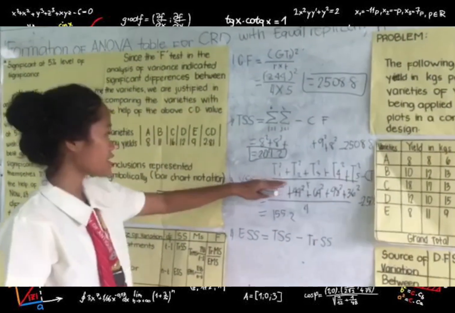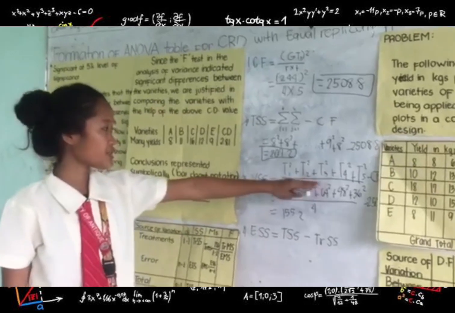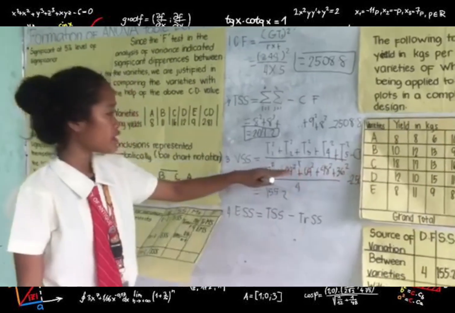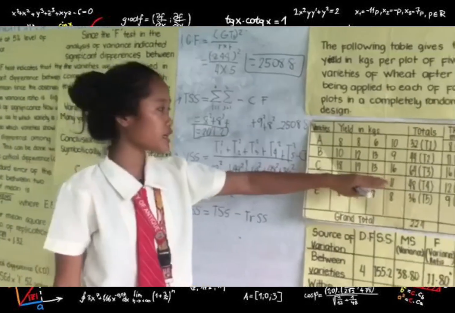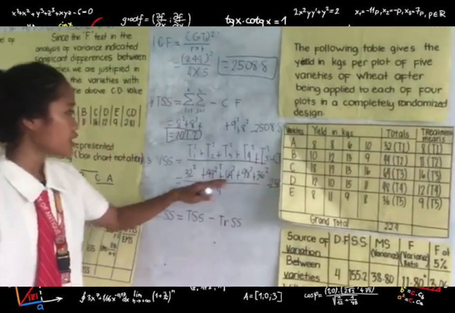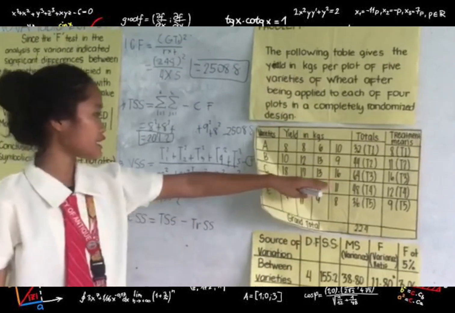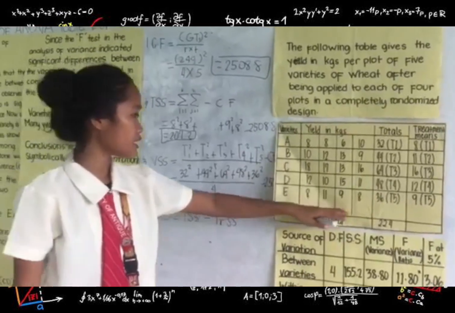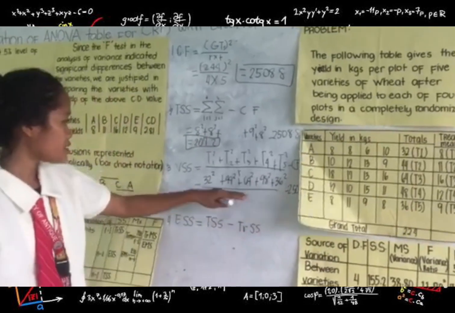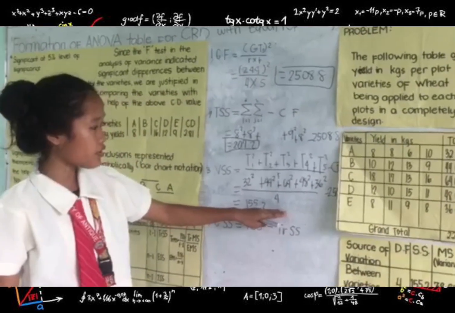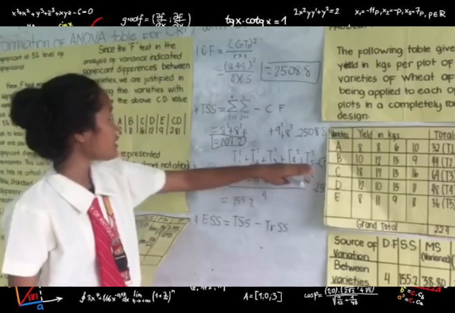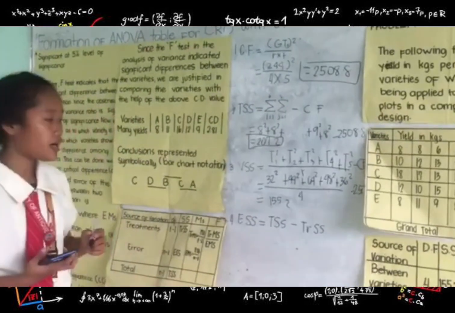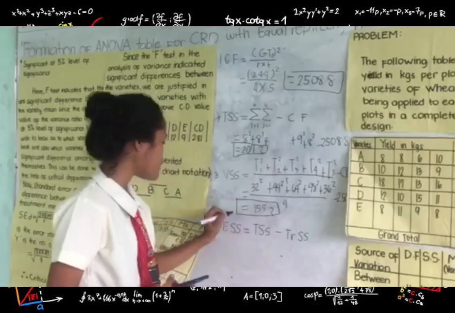ESS is equal to treatment 1 squared plus treatment 2 squared plus treatment 3 squared plus treatment 4 squared plus treatment 5 squared, minus CF, divided by R. Substituting, the total from treatment 1 is 32, treatment 2 is 44, treatment 3 is 64, treatment 4 is 48, and treatment 5 is 36. Then we divide by 4, which is our R, and subtract the CF, which is 2,508.8. We have a total of 155.2.